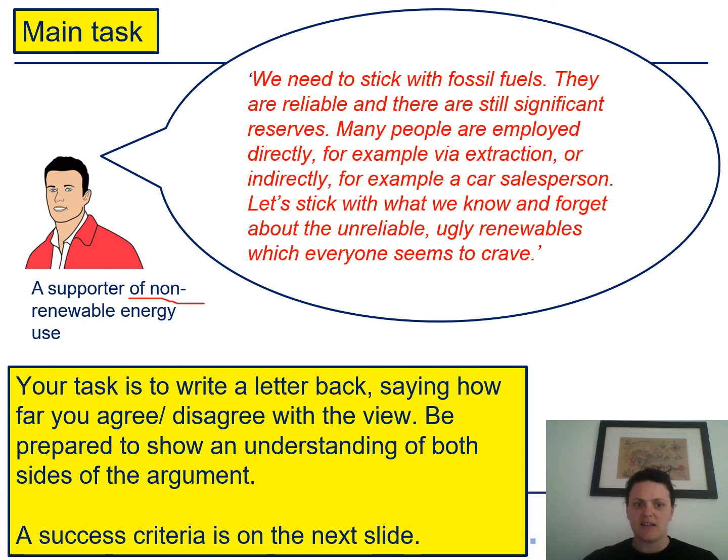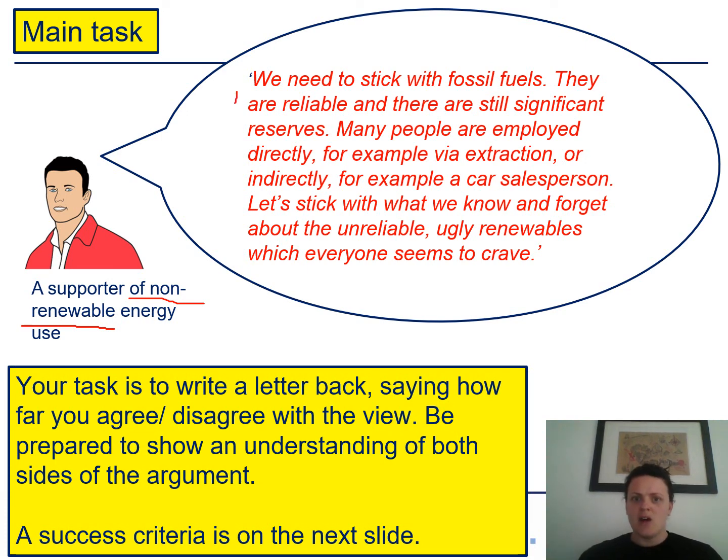So he likes, if we remember what non-renewable is, energy that is like fossil fuels, so coal, oil, gas, nuclear, all the things that you can't reuse over and over again. So he likes those. But what are his points for this? Let's read it together.